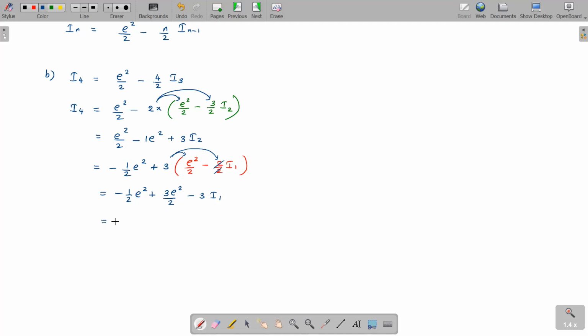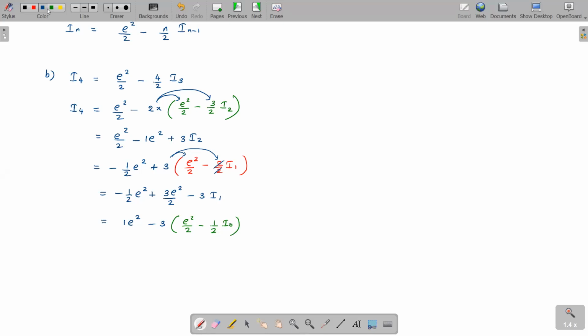Okay, then let's replace I1. Before I replace, can you all add these values? Minus half e square plus 3 over 2 e square gives you 1 e square, or just e square, simply e square. Minus 3 times I1. Replace I1. Go to this equation and replace the n with 1. So make sure you put a bracket because after 3 multiply by I1 value, which gives you e square over 2 minus, replacing the n with 1, over 2 I0.